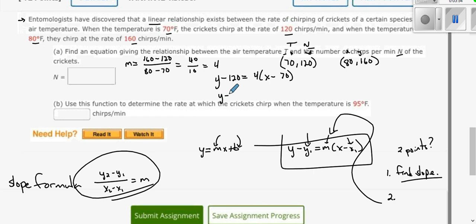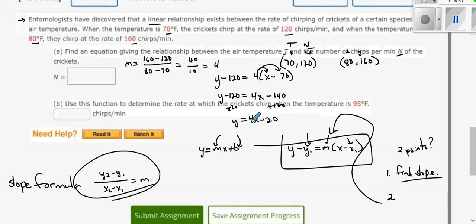So y minus 120 equals, and distribute this, 4x minus, what is that going to be, 140? 4 times 70. Add the 120 to both sides. And I get y equals 4x minus 20.